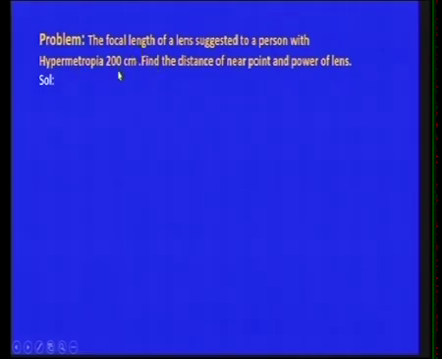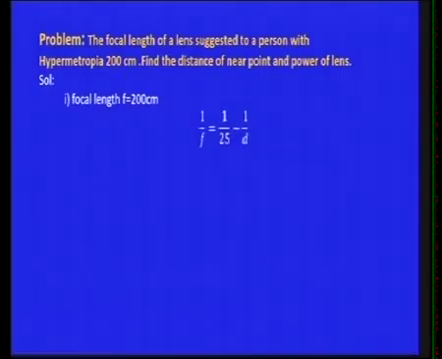Here a hypermetropic person is given, that is, the focal length of the lens is 200 centimeters. We have the formula for the focal length of the lens of a hypermetropic person, that is 1 by F equal to 1 by 25 minus 1 by D. So 1 by D equal to 1 by 25 minus 1 by F, interchanging the parameters.